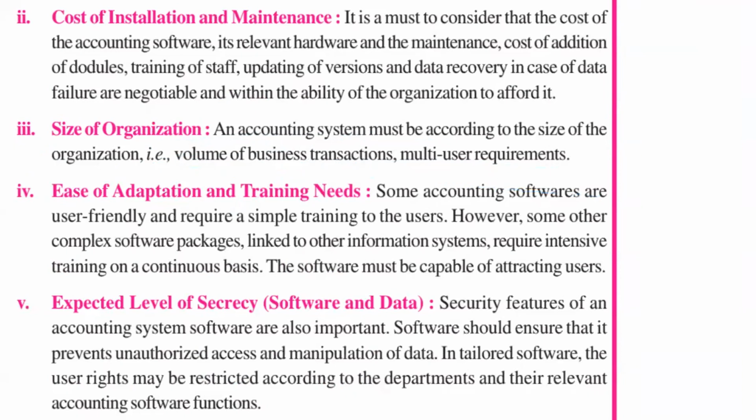If the business is small, then only one person can handle all the transactions because fewer transactions are there. So as per the size of your organization, you have to choose the accounting software.